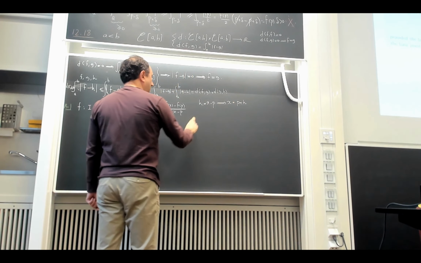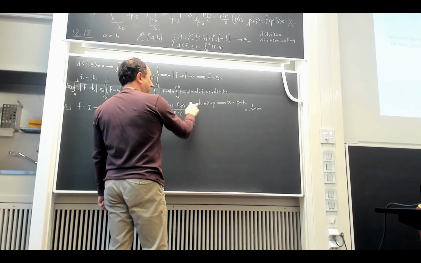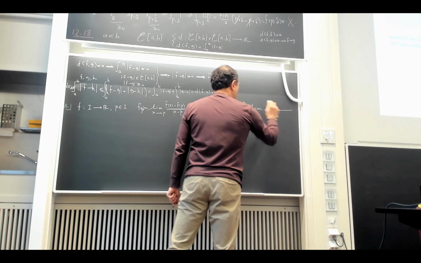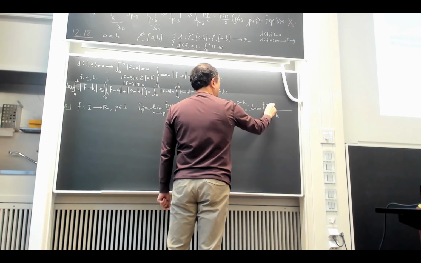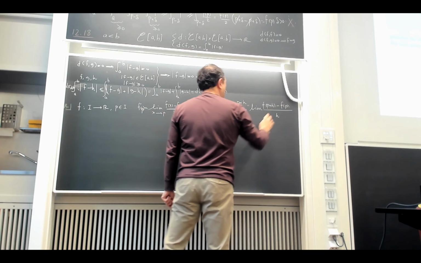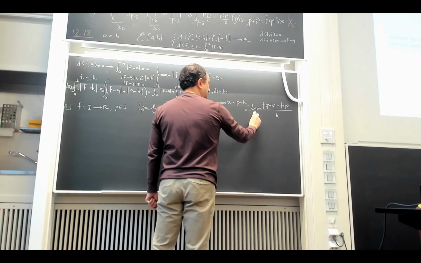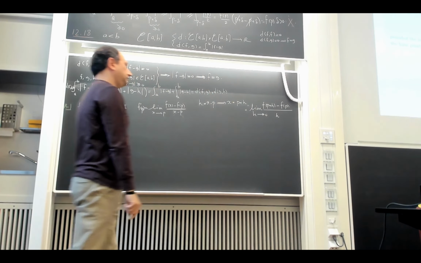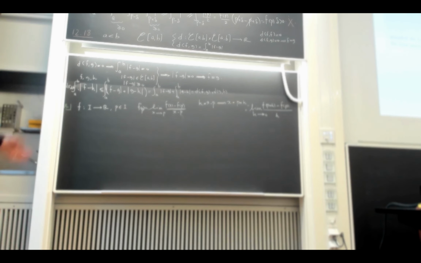So this limit can be written as the limit, instead of x minus p, I put h, and instead of x, I put p plus h, and minus f(p) is just a constant. But of course, because x goes to p, it means h goes to 0. So these two formulas are useful to know, both of them the same thing. Any questions? These are something you have already seen.